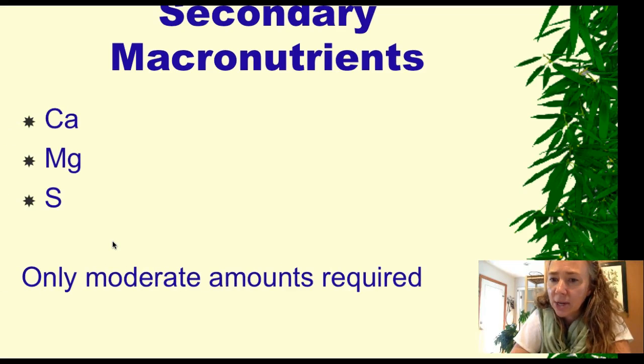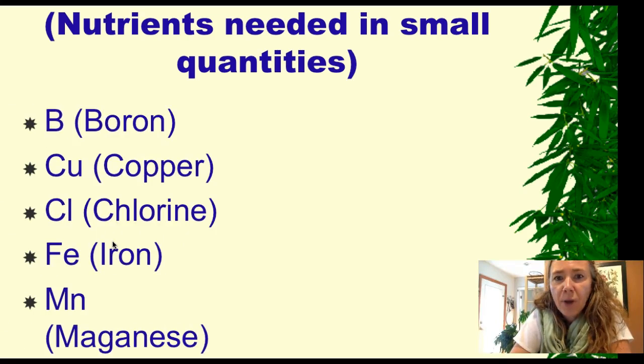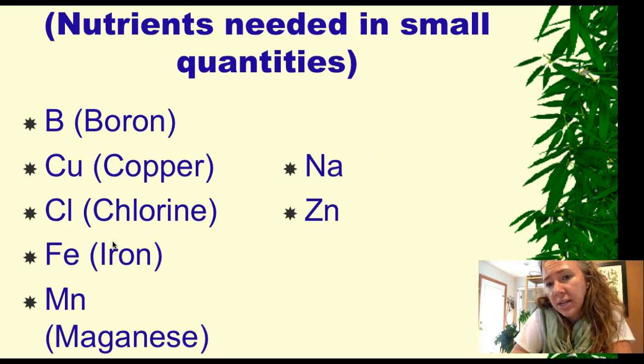And then the secondary macronutrients are still needed in large amounts, but not quite the same as the N and the P and the K. And we'll talk a little bit about how that looks in fertilizers. But the primary macronutrients, the secondary macronutrients needed in larger amounts, and the micronutrients that plants need in smaller amounts are listed here.